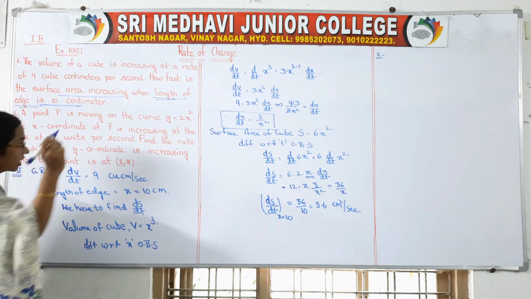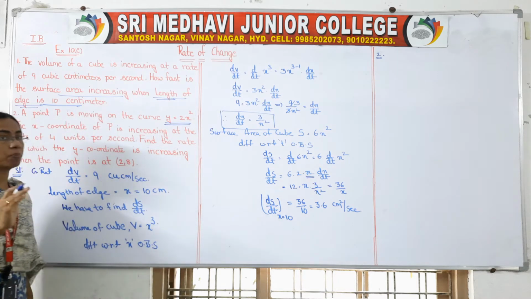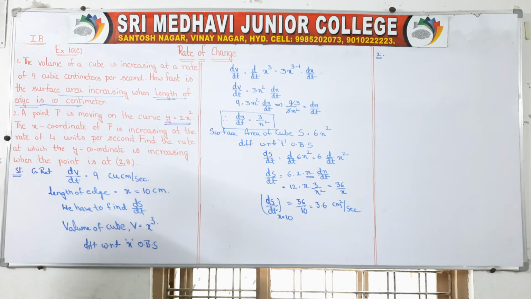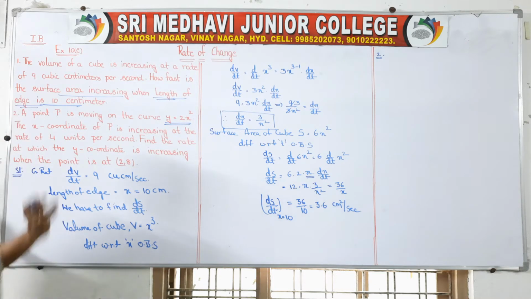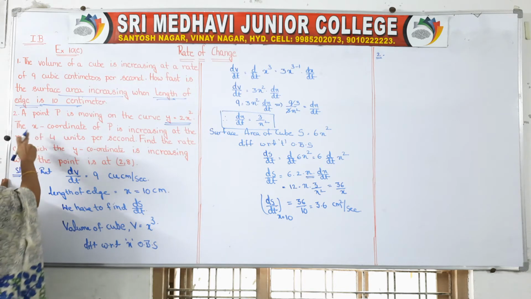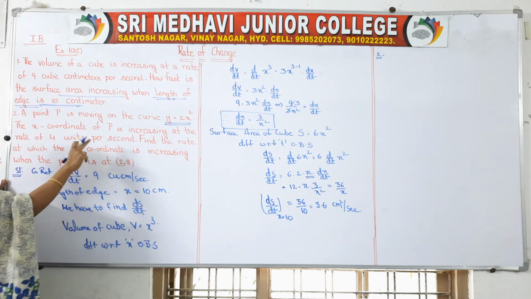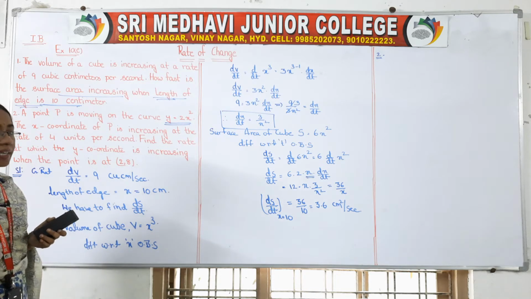So, one curve equation is given to you. Try to understand the question properly. One curve equation is given to you, y is equal to 2x square. A point is moving on that curve, in such a way that the x coordinate of P is increasing at the rate of 4 units per second.